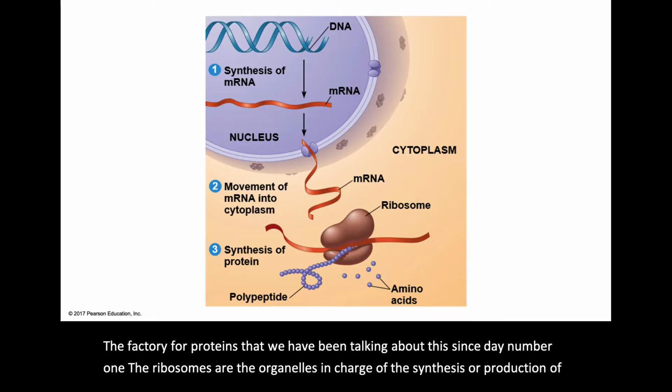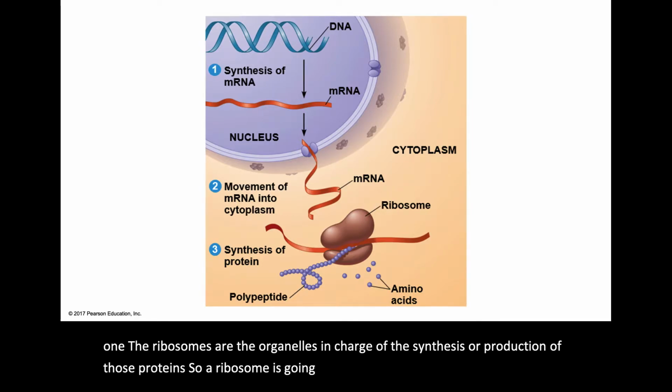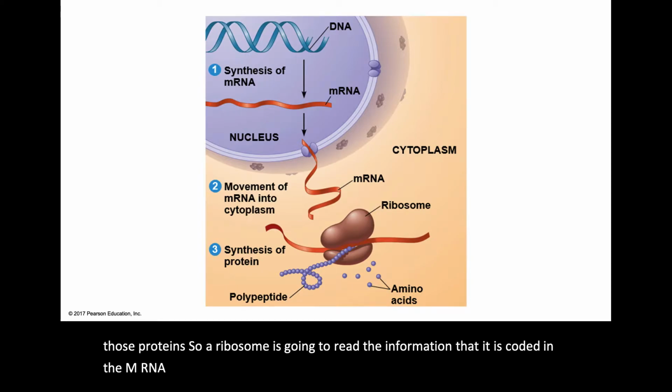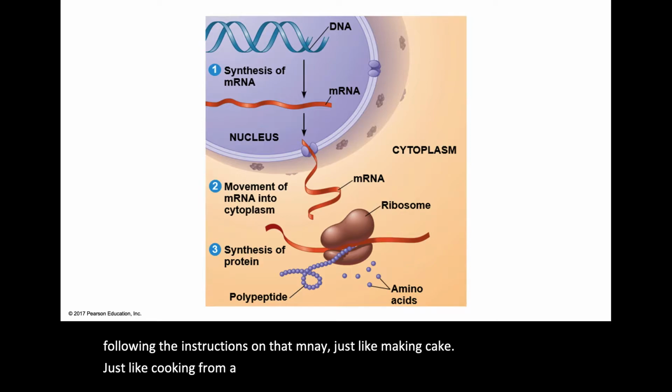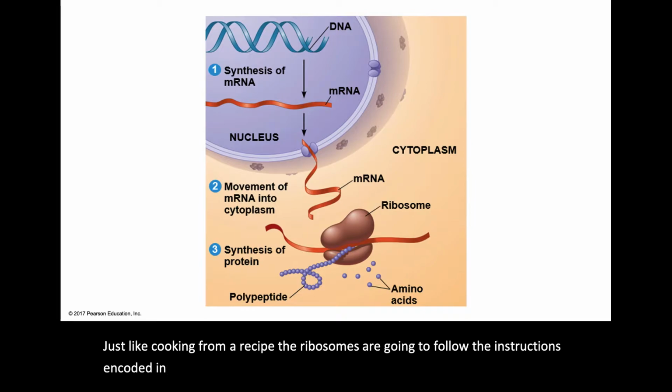A ribosome is going to read the information coded in the mRNA molecule, and that will promote the synthesis of the polypeptide following the instructions on that mRNA. Just like making a cake, just like cooking from a recipe, the ribosomes are going to follow the instructions encoded in that mRNA molecule.